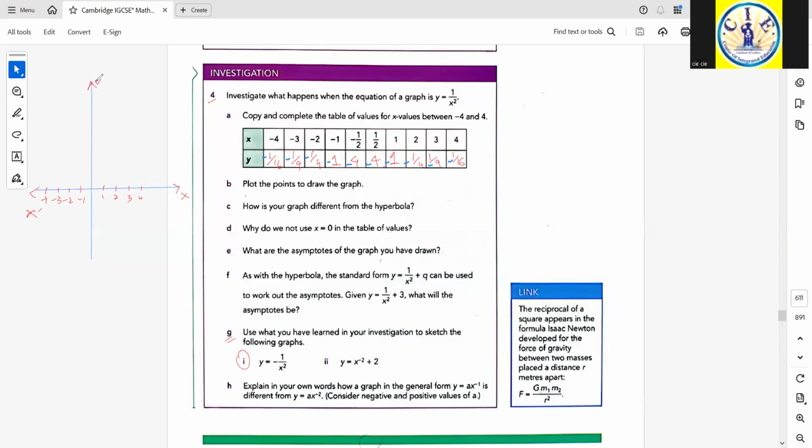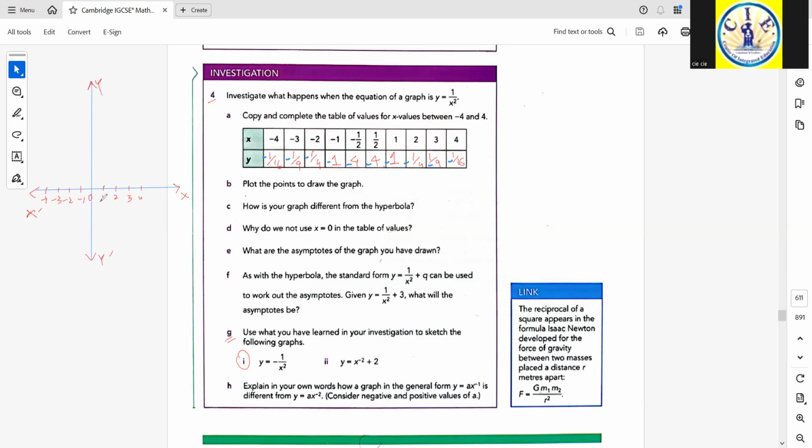And this is the y-axis, as you know. This axis and scaling is normally being done already in the CIE exam paper answer sheet. Since I'm doing it over here, I'm just doing it so that you can have an idea of how the graph is going to be drawn.